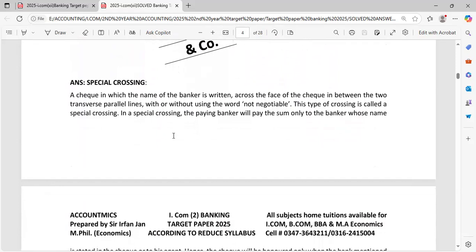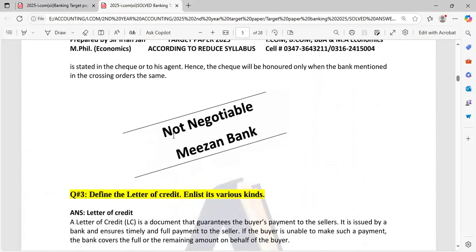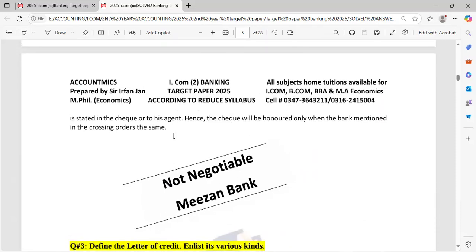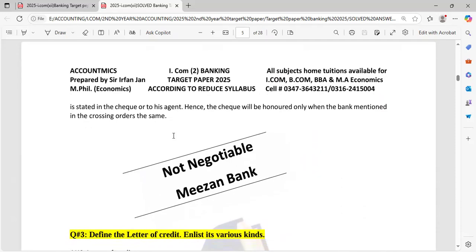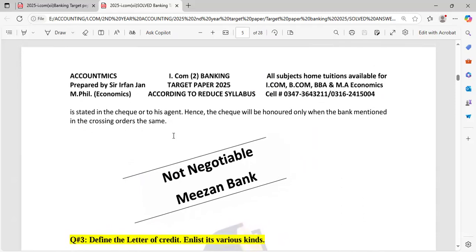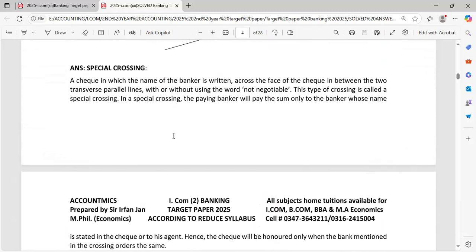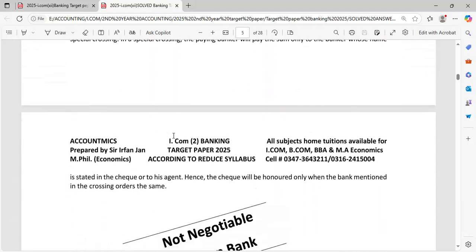When we are talking about the special crossing, you see non-negotiable, maybe Meezan Bank, Bank Alfalah, or maybe HBL, written between the two parallel lines. So we will say this is the special crossing.